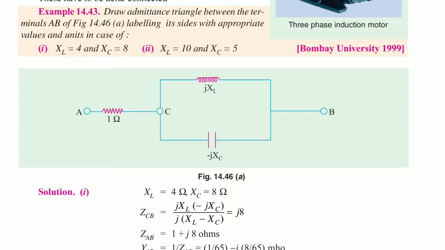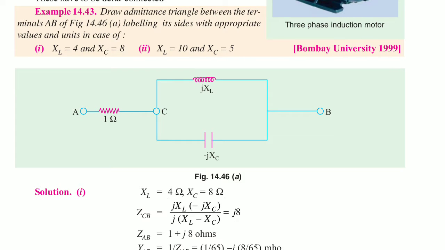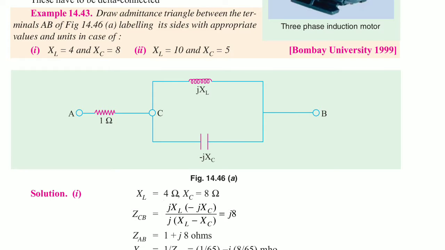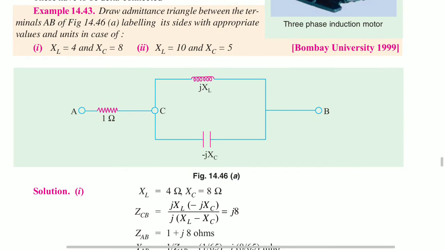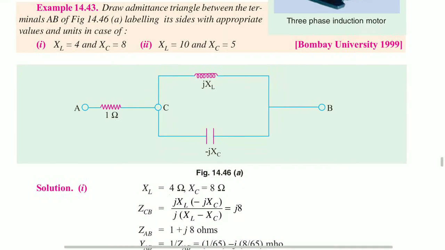In the first case XL is a low value compared to XC, and in the second case XL is a high value compared to XC. So here they are given two conditions.